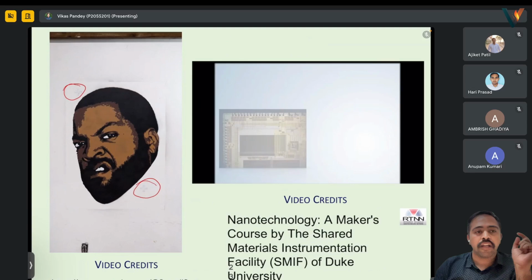Now we did the exposure, and after exposure we put it in a chemical that we call the developer. This area dissolves. Now the area that is left will protect the layer in the process.